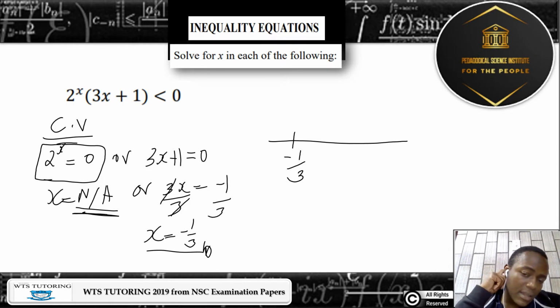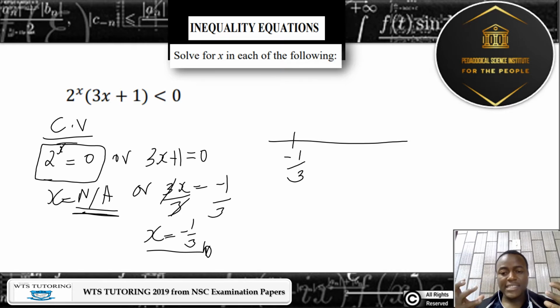Because now you don't have the shape of a graph, it's not like the quadratic graphs in the previous questions, where we took the shape of the graph and said that if it's less than you go down, if it's greater than you go on top. Now it's different. If it's not forming a quadratic graph, you use a trial and error method.